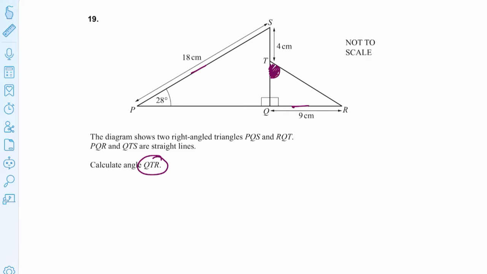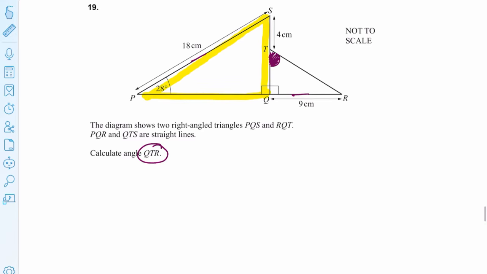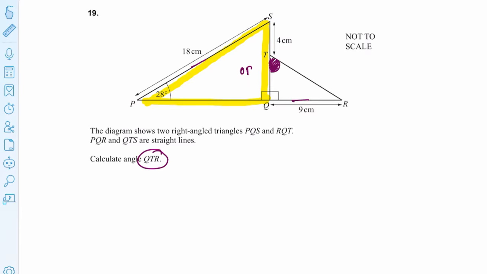Before finding this angle, can we find out this side by taking the help of this triangle? Did you understand? Now this will be known as opposite, I'm talking about full SQ, and this is hypotenuse. So opposite and hypotenuse deal with which formula? A sine formula, right? SOH. So I'm trying to find opposite.